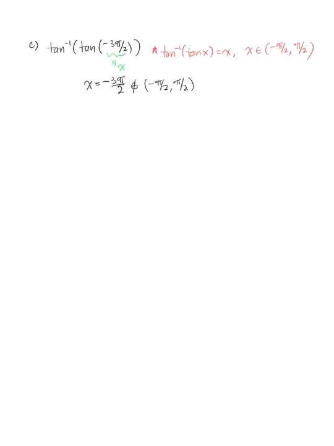So let me just draw you a picture where the negative 3 pi over 2 is going to be. So negative 3 pi over 2 will be from here to here. So its reference angle is pi over 2.